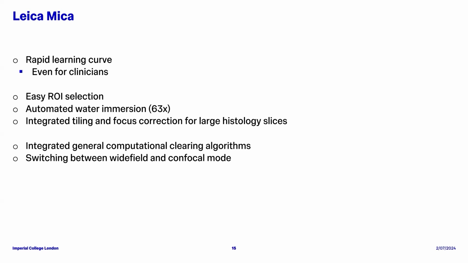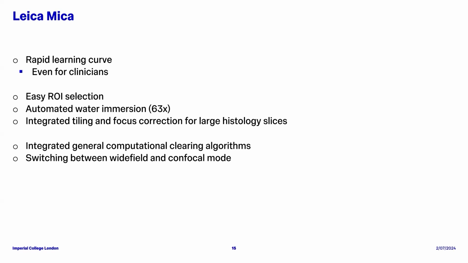So I just want to leave off by saying that so far the Leica Microsystems system has had a very rapid learning curve. It's kind of my instrument of choice for training new people who need to do some microscopy but don't want to spend the time learning how to optimize a confocal setup. I've talked to clinicians who are doing research projects and they found it very easy to learn both the histo side of things, but also IF. There's easy ROI selection, great integration across whole areas.